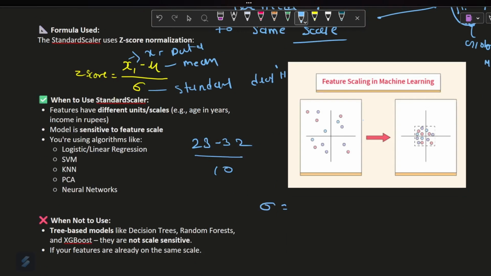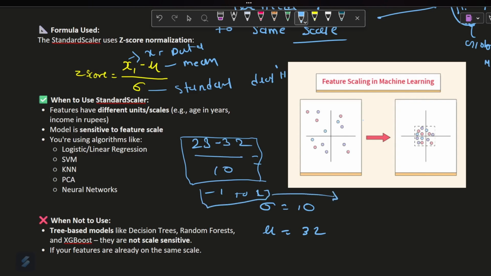Let's say the standard deviation is 10 and the mean is 32, and we calculate. This value ranges between minus 1 and 1. It is a simple concept of calculating that. After standardization, we get values from minus 1 to 1.